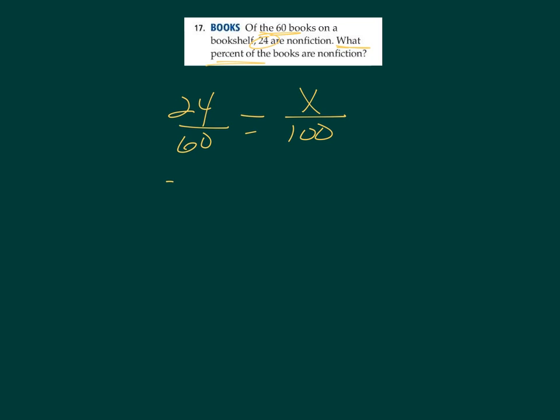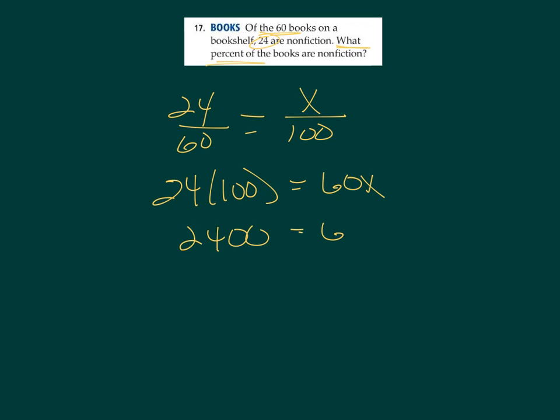So now I'm going to do my cross products, and I have 24 times 100 equals 60x. 24 times 100 is 2400 equals 60x. I'm going to divide each side by 60, and I end up with 40 equals x.